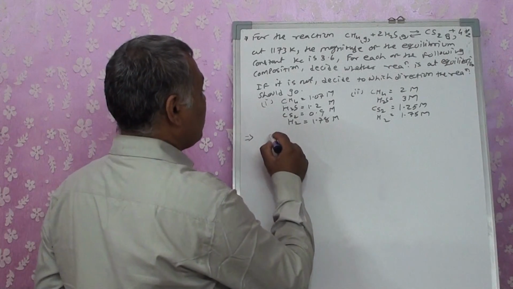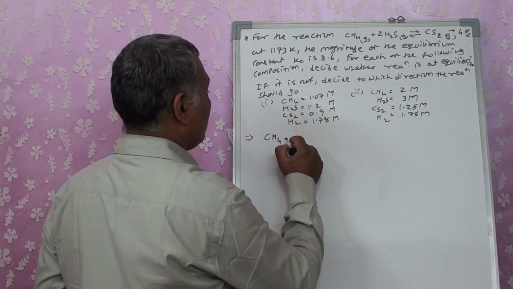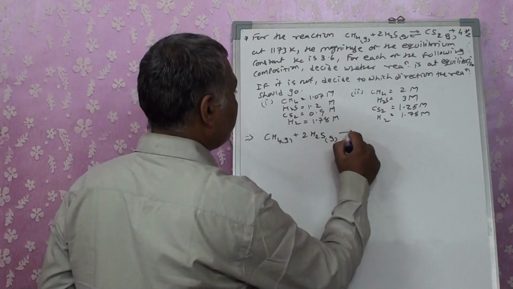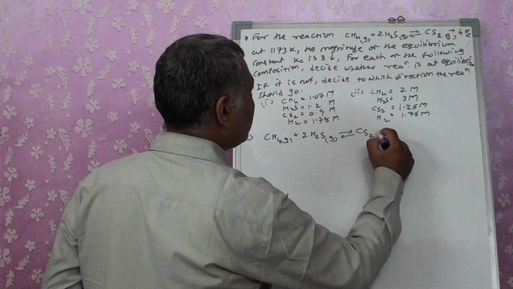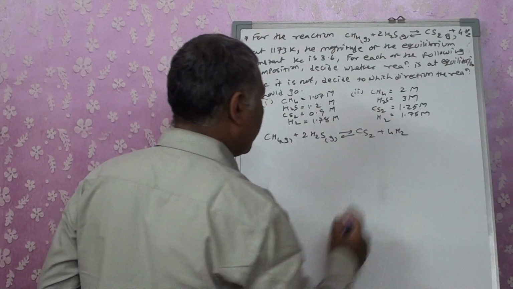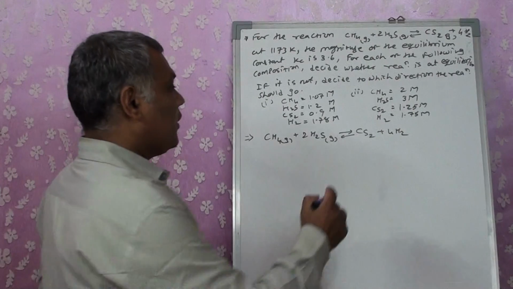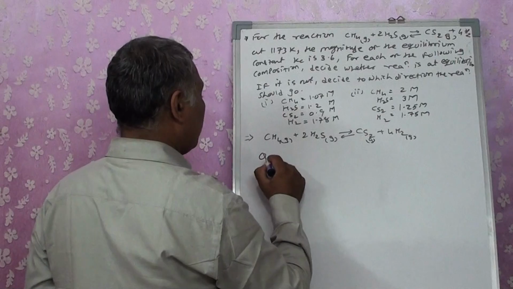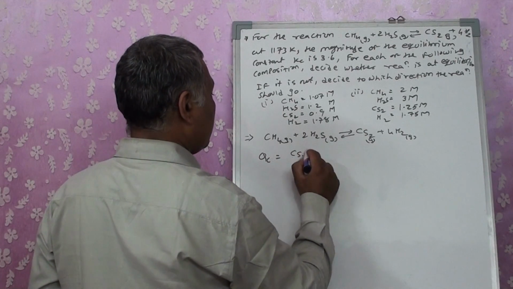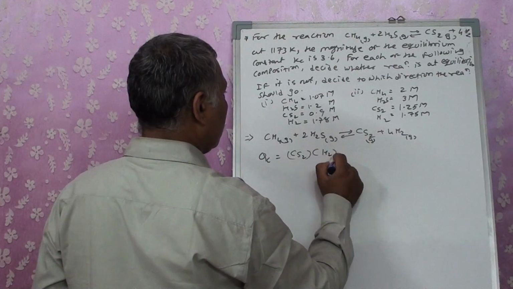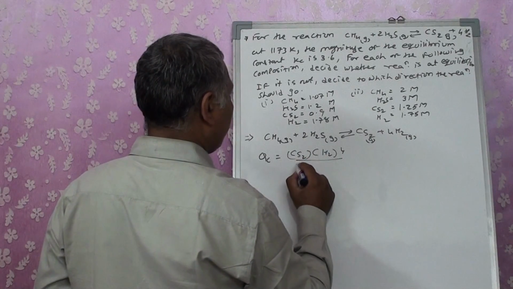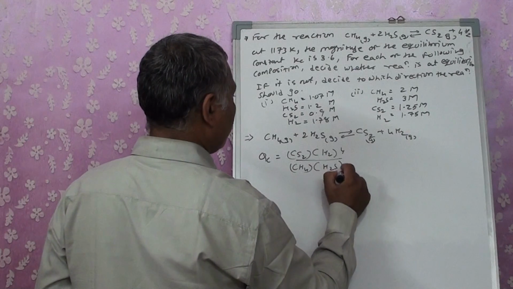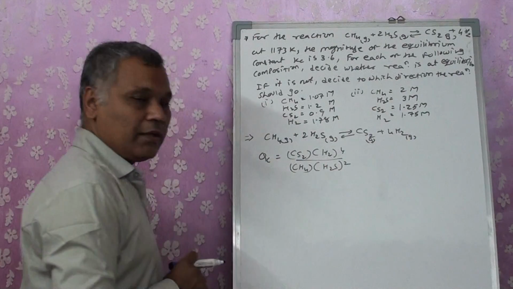Now the reaction given to us is CH4 plus 2H2S gives CS2 plus 4H2, right? Here all these components are in the gaseous state, so we will get Qc equals CS2 times H2 to the power 4, divided by CH4 times H2S whole square, right?